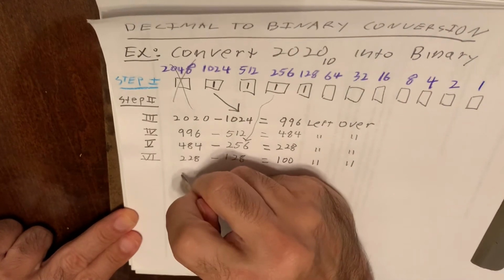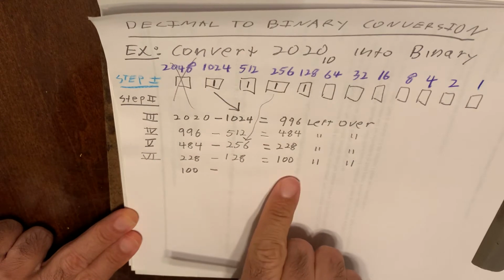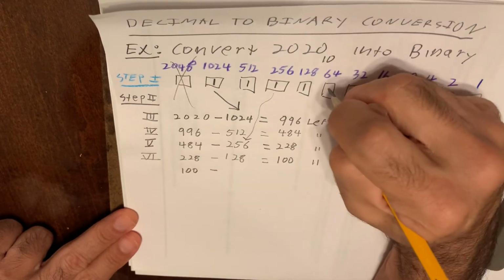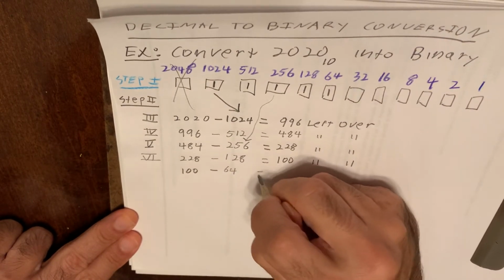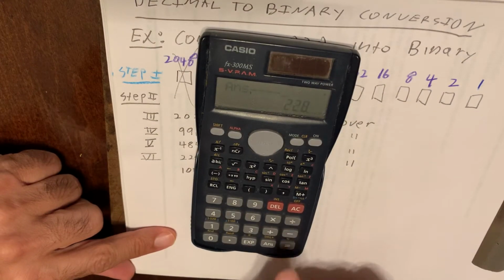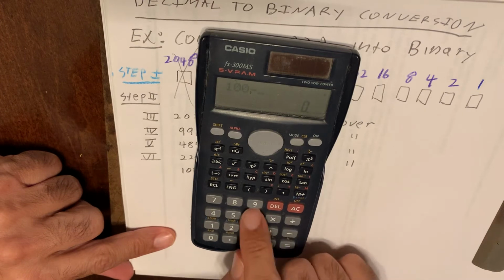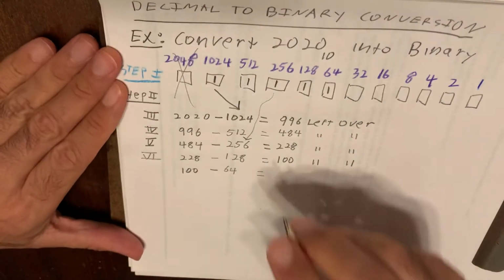So let's take our 100 that we have left over and subtract the next place that we can use, and that's 64. So 100 minus 64 is 36 left over.